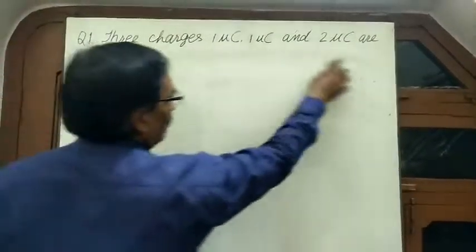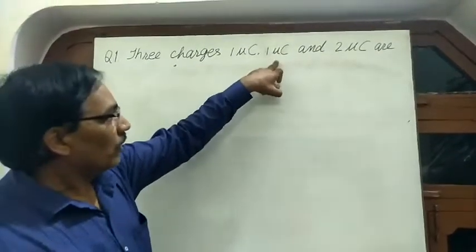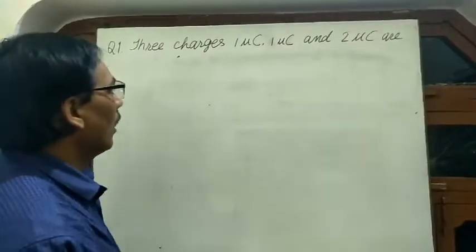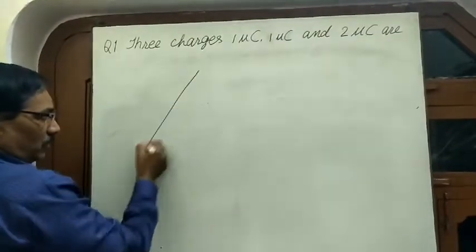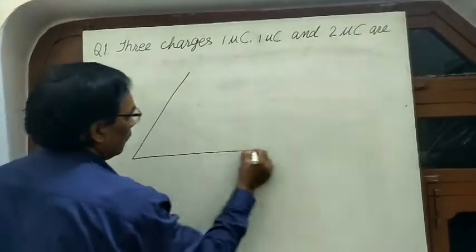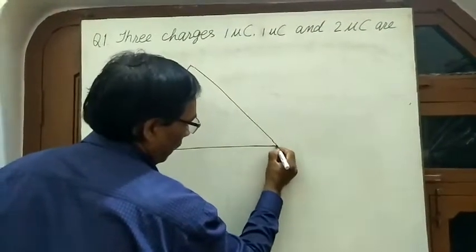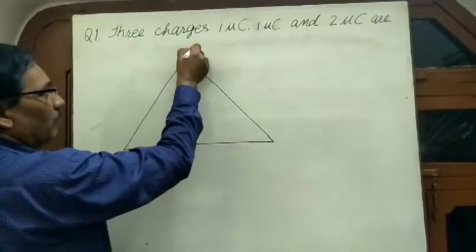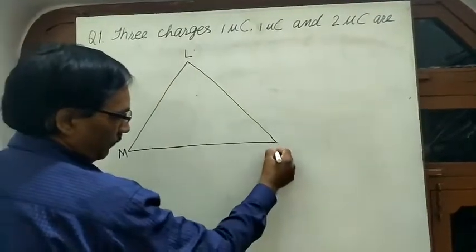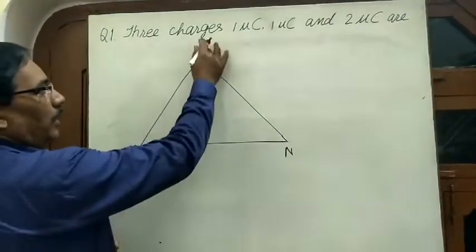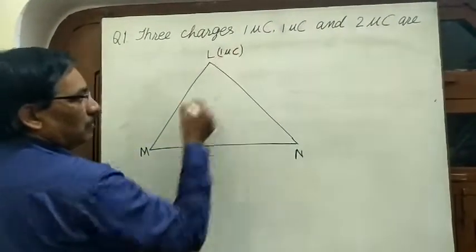Three charges are kept at the vertices of an equilateral triangle LMN. At L the charge is 1 microcoulomb, it is a positive charge.